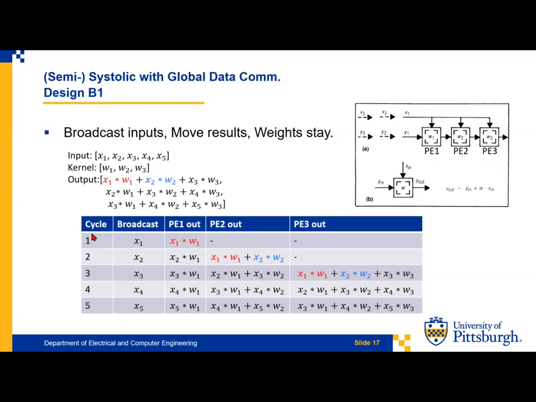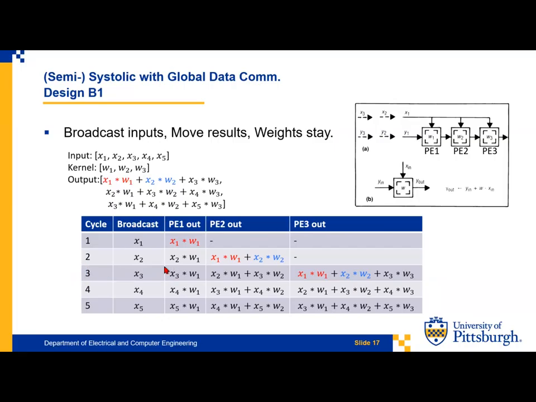For example, here the table has cycle 1, 2, 3, 4, 5, right? In the first cycle, the global buffer will broadcast the X1 to each processing element. And the second cycle, the global buffer will broadcast the X2 to each processing element, right? Yeah.